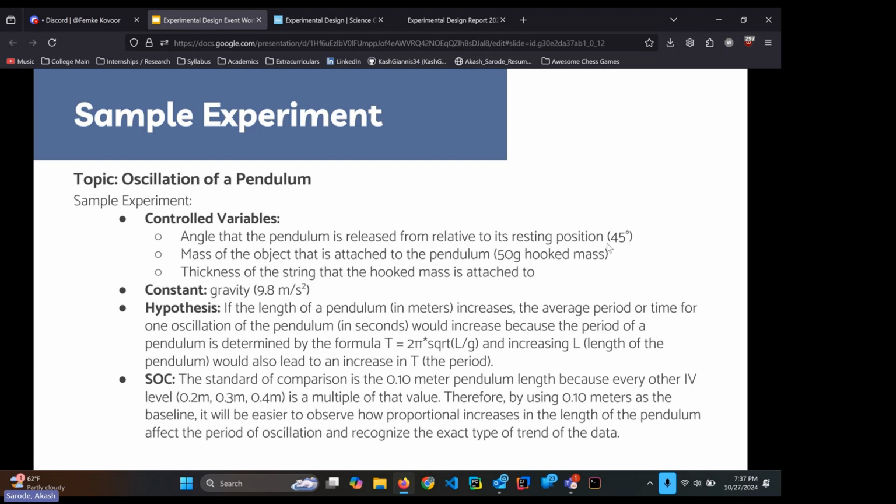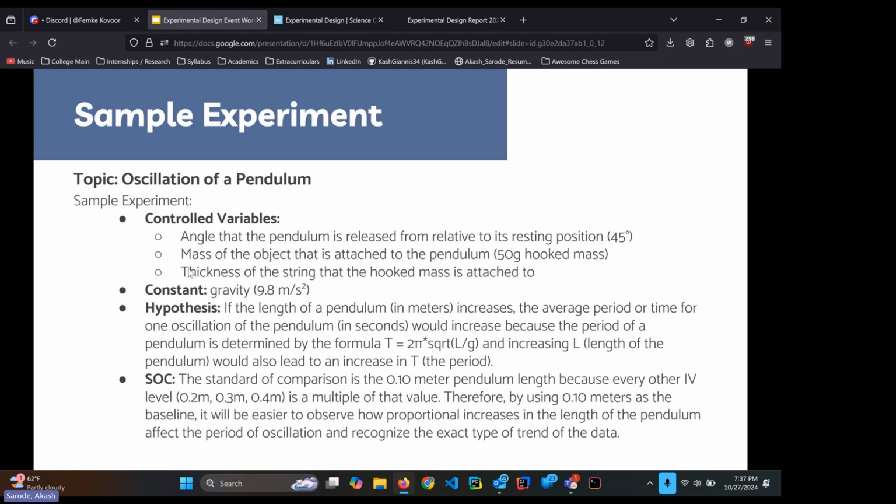If you change the angle, it would have a small effect on the period of the pendulum. If I wrote for controlled variables something like the color of the string, that would not be a good controlled variable, and I could risk losing points because the color of the string is not going to affect its period. That's a characteristic that doesn't have a significant impact on your data.